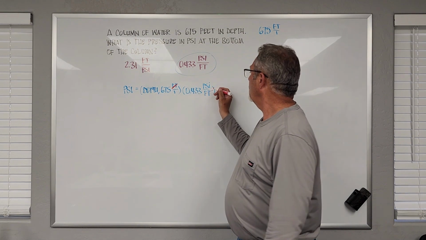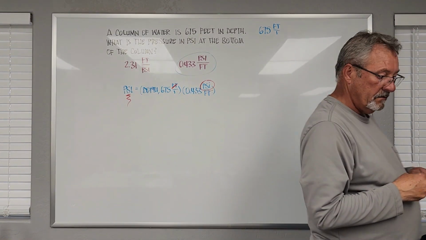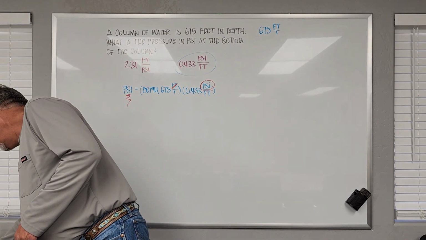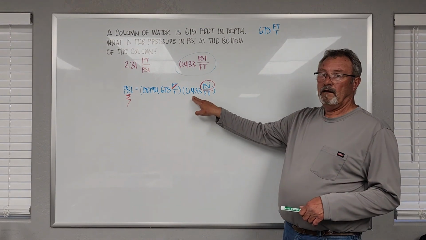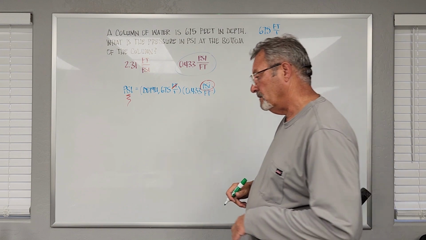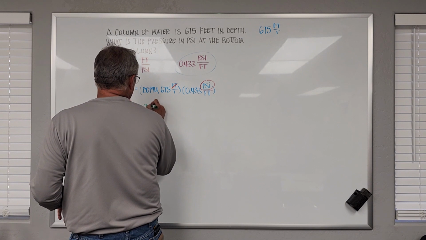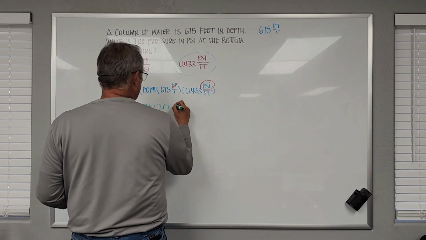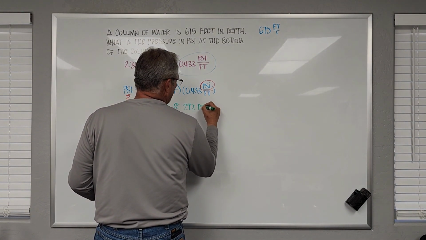Cancel that. I'm left with PSI, and that is the unit of measure I'm looking for. So if I take my calculator and I multiply 675 and 0.433, I'm going to get 292.275. And I can go ahead and just round that to 292 PSI.